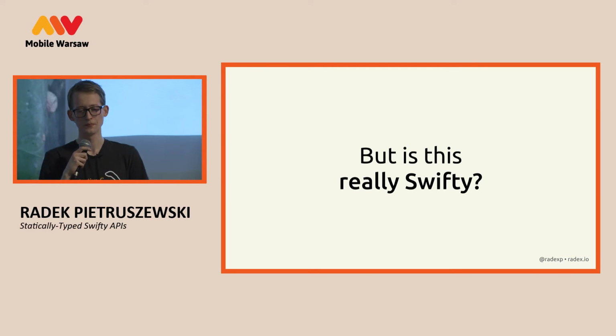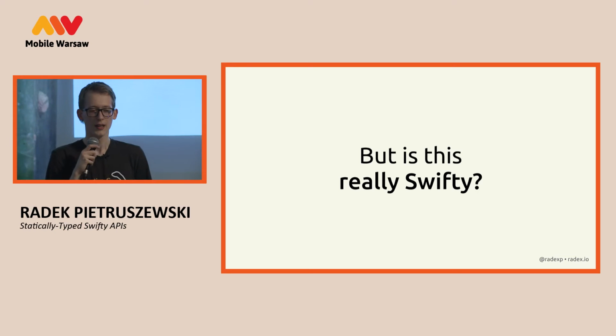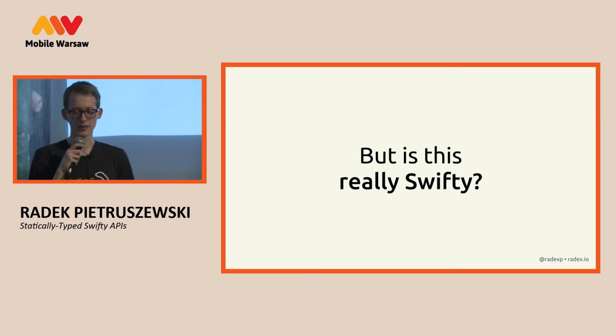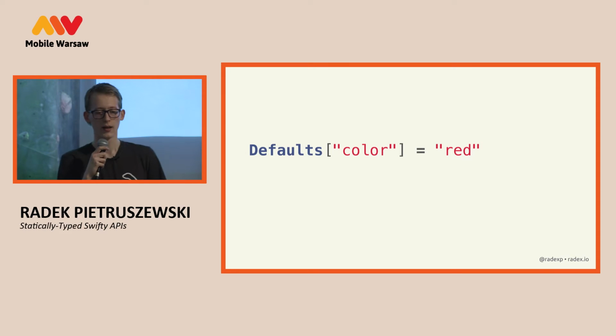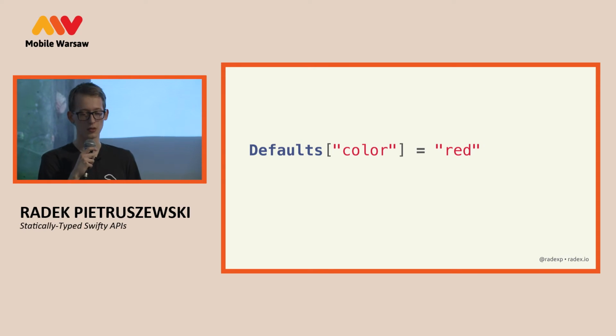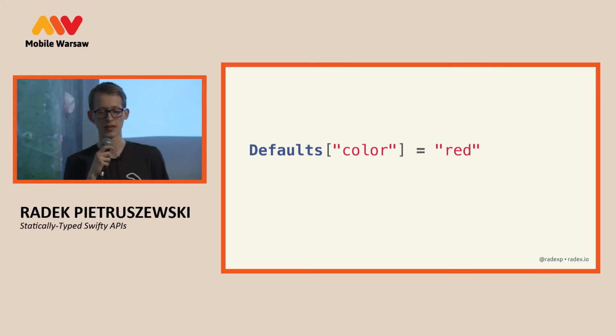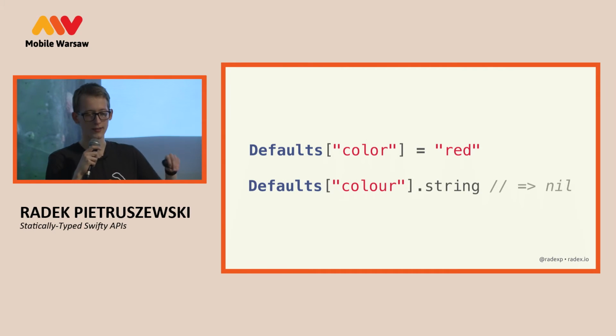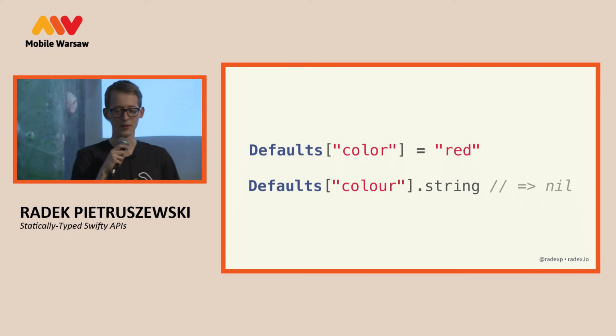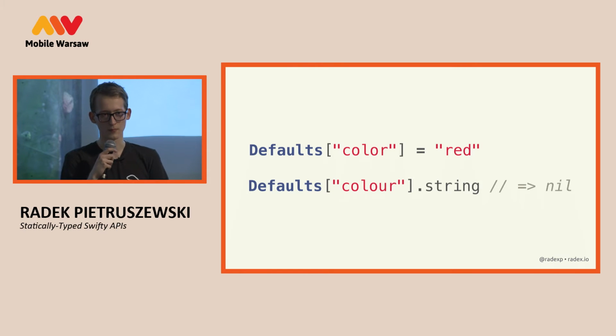Because, for example, I started seeing these little potential problems that I don't know if they're important, but they just didn't seem like something that would happen in Swift normally. So, for example, if you would have a user default that you would set somewhere, and then in some other place of the app you would want to fetch it, but you would make a typo in the key name and spell it mistakenly with a U, you would get a nil, right?